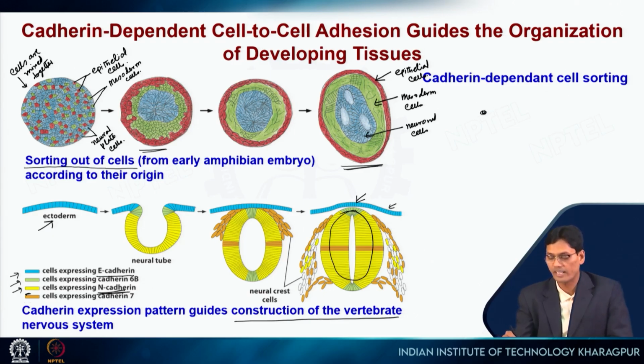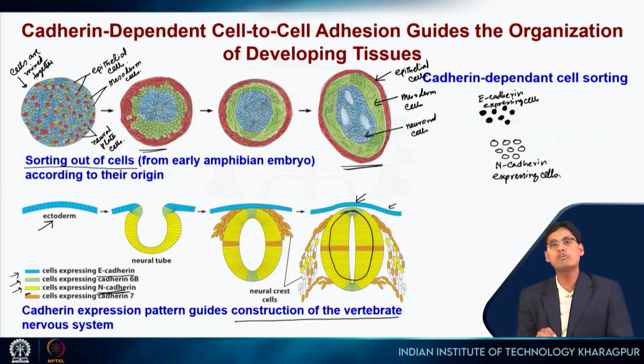If I say that those cells which I am drawing now, these black color cells, are E-cadherin expressing cells, and now these cells, which I am not filling, are N-cadherin expressing cells.